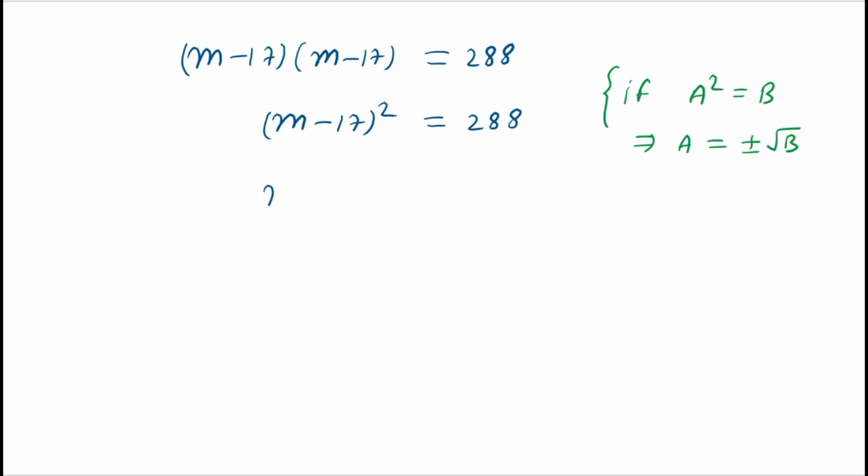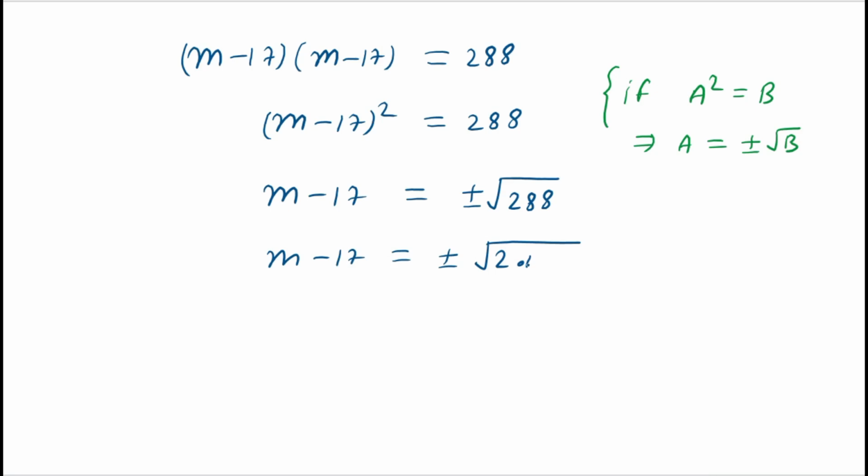Then here you can say m minus 17 is equal to plus minus square root of 288. M minus 17 is equal to plus minus square root of 288, which is the same as 2 times 144. M minus 17 is equal to plus minus square root of 2 times square root of 144.